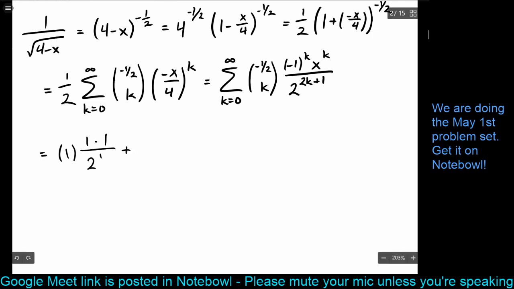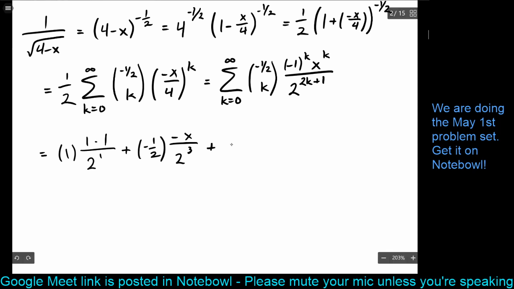Plus, plug in 1. Now, this binomial coefficient here is going to turn into negative 1/2, right? Times negative x over 2 to the 3rd. Okay?